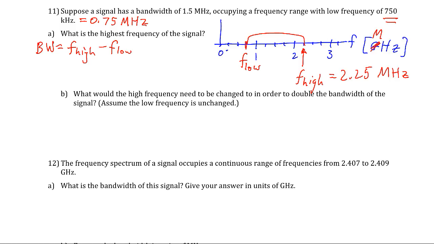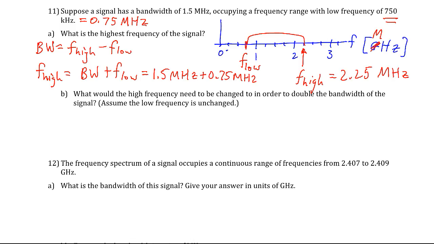We want to solve this equation for F high. So F high is the bandwidth plus F low, which is 1.5 megahertz plus 0.75 megahertz. Notice that I turned the 750 kilohertz into 0.75 megahertz for the purpose of this equation.